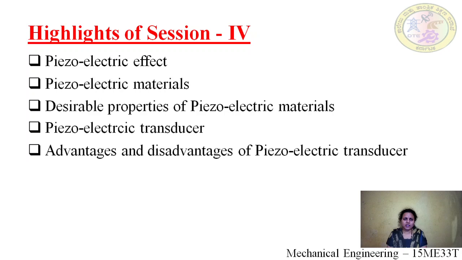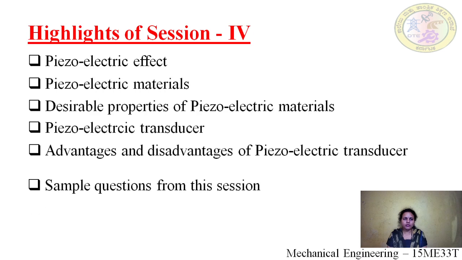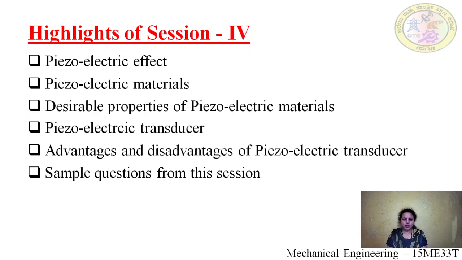The next disadvantage is, as I said in the advantages, it is suitable for dynamic measurements, but it is not suitable for static tests. And the next disadvantage is the output is quite low. We also saw some sample questions from session 4.